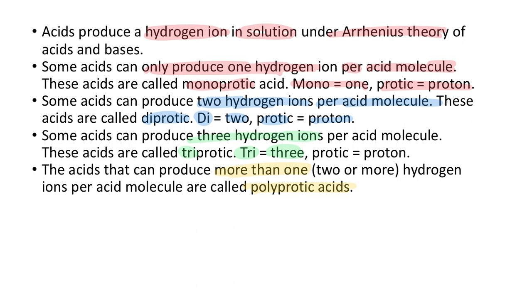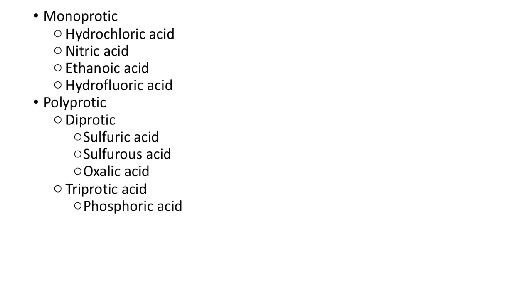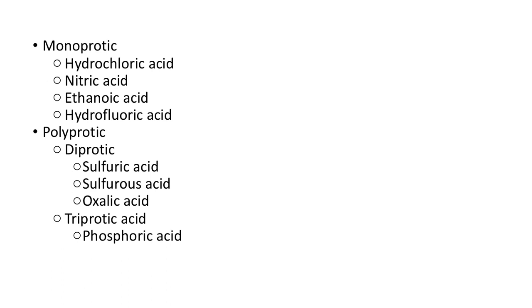So let's move on. These are the ones you should know about. Monoprotic: HCl, nitric acid HNO3, and hydrofluoric acid HF. I want to spend some time with ethanoic acid. Be aware that ethanoic acid has 4 hydrogens, but only one of them can fall off and turn into a hydrogen ion.